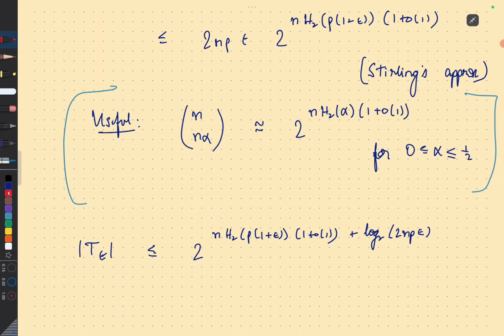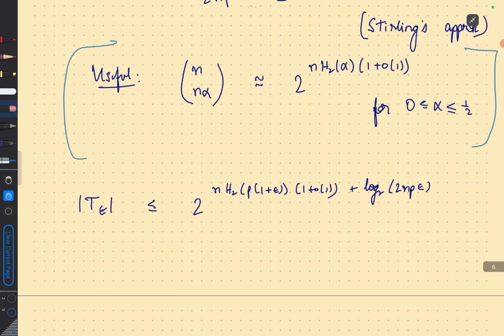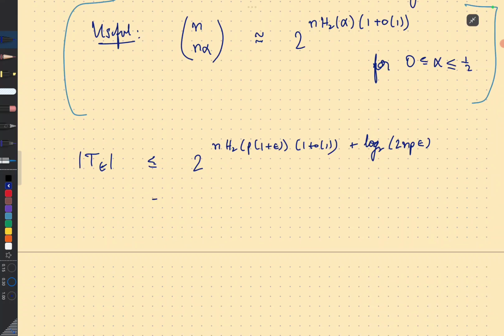I just wrote 2 np epsilon as 2 to the log of 2 np epsilon. But then log of some constant times n is much smaller than some constant times n. So the first term effectively dominates.